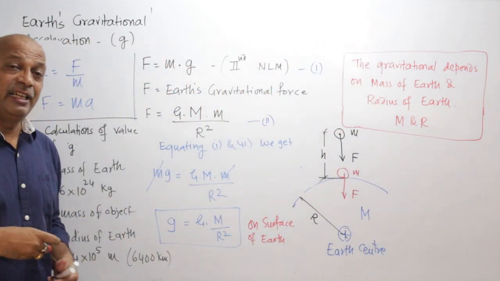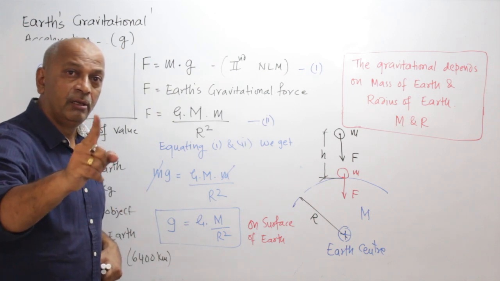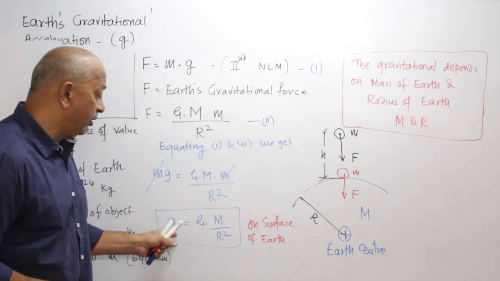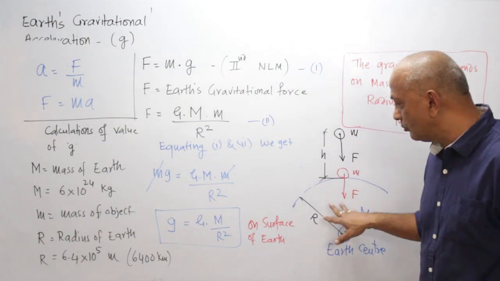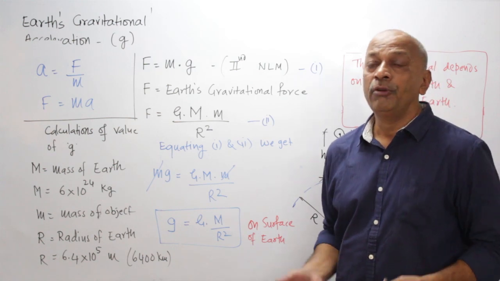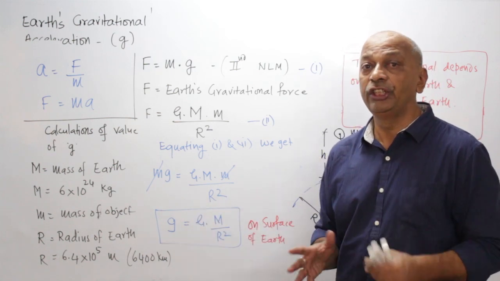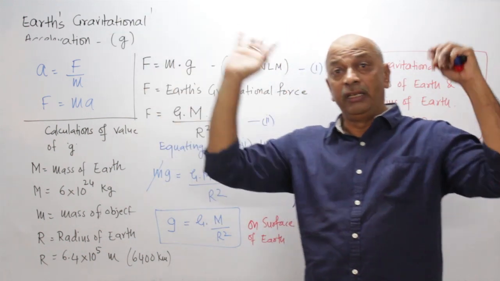That means g does not depend on any property other than mass and radius. Let us say Earth's temperature increases from the present 36, 37 degrees to 40 degrees, 50 degrees permanently.